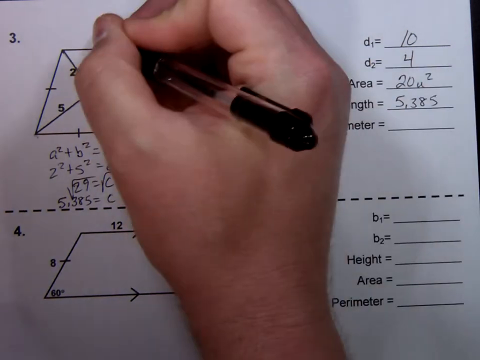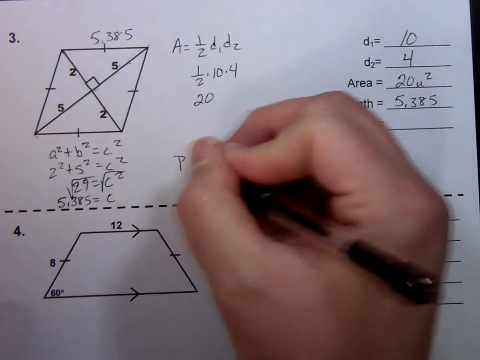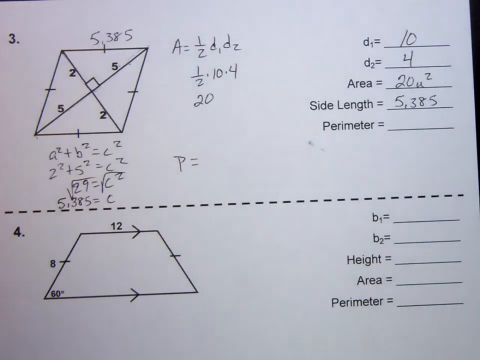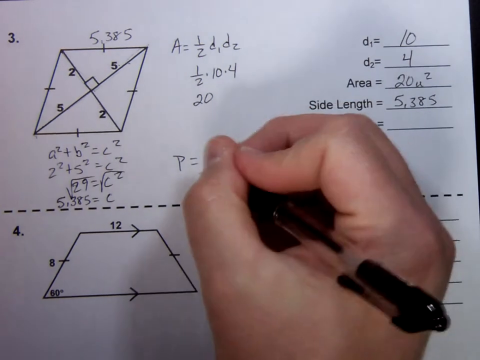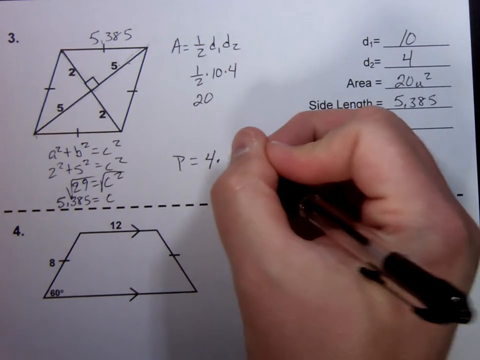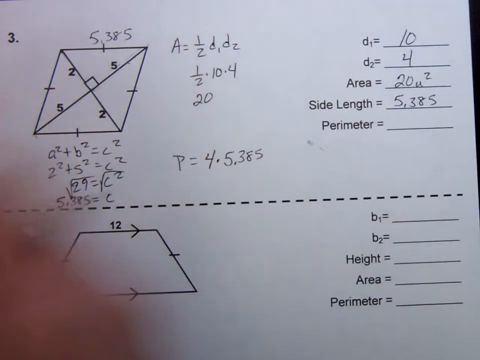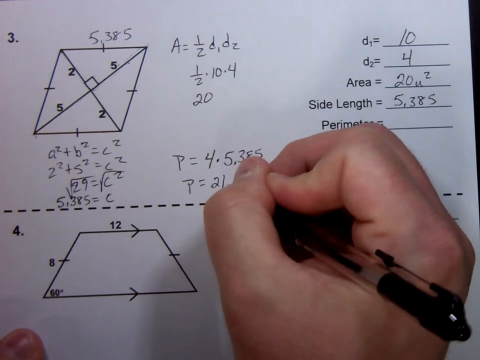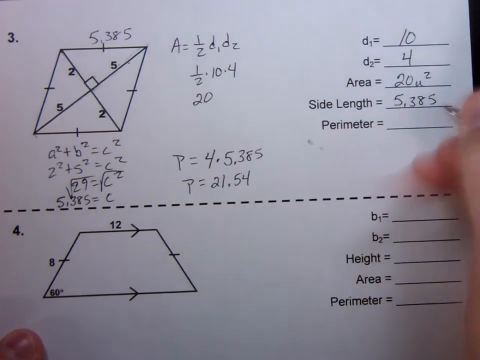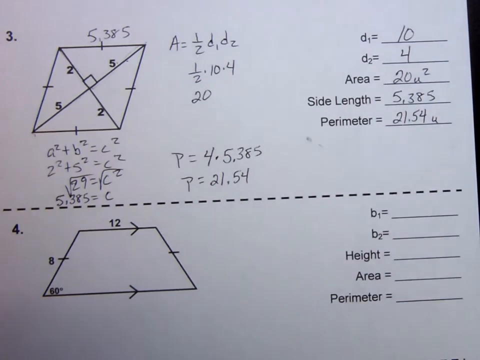Now, if that's the length of a side, and all the sides are congruent, I can just add 5.385 plus 5.385 plus 5.385 plus 5.385, or it's 4 sides that are exactly the same, so I can just do 4 times 5.385. And when we do that, we should get approximately 21.54. Alright, let's look at the next one.